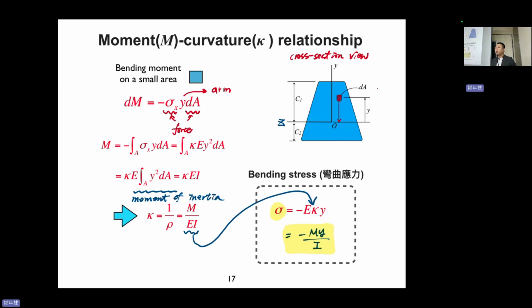Sigma equal to minus my divided by I. Okay? Very important.